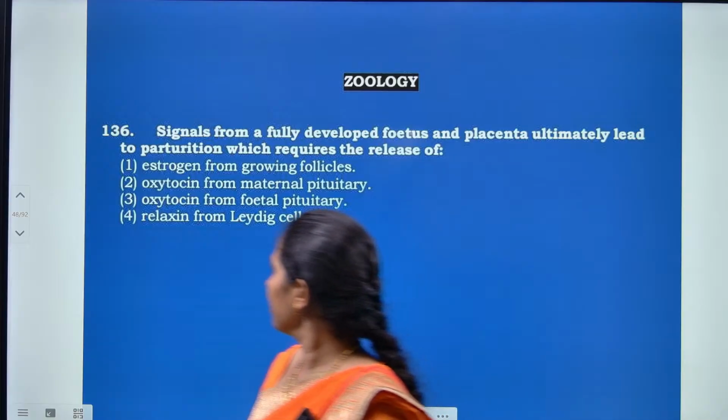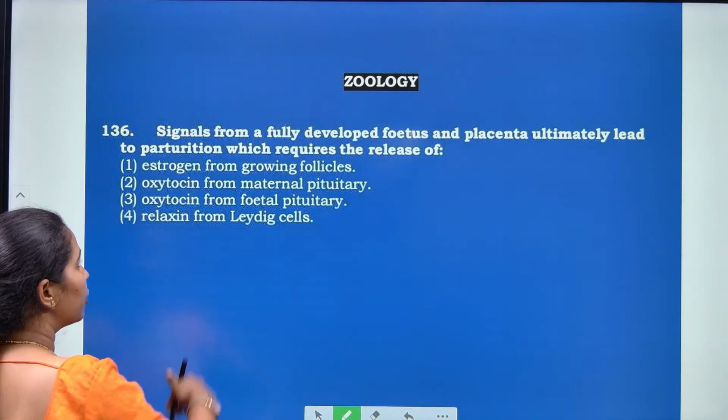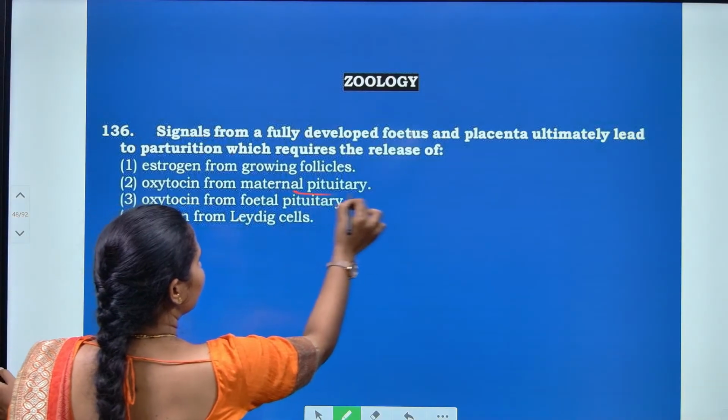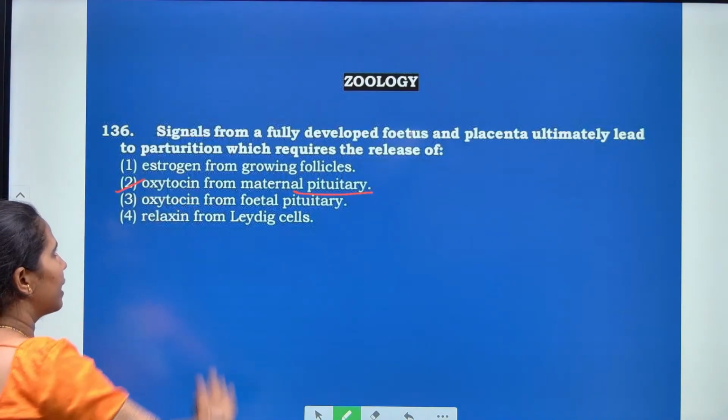So the release of oxytocin, which is stored in the maternal pituitary, makes option B the right one.